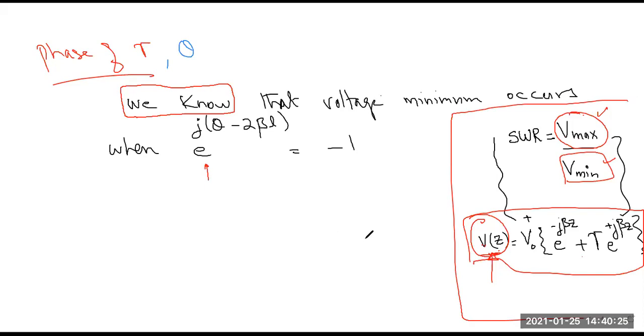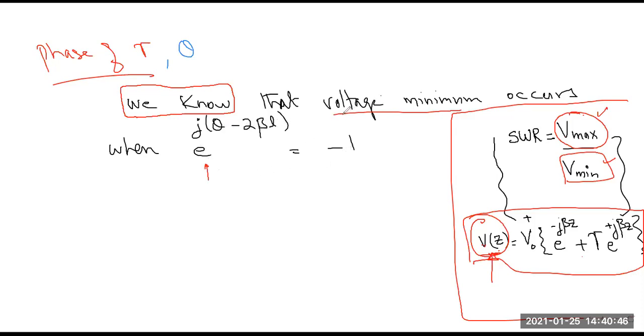You can refer back to my previous lecture, as well as to the textbook. I'm going to use this equation to find out how we are going to find theta. Voltage minimum will take place whenever e raised to power j theta minus 2 beta L equals minus 1.